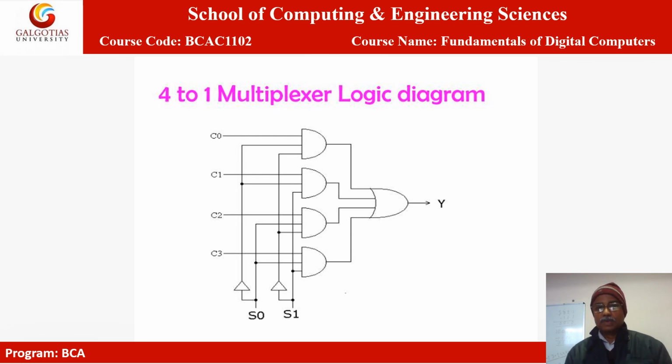Suppose the value of S0, S1 is 0, 0. Means the two control lines have value 0, 0. In that case, what will happen? Now look here, the 0 will proceed from here, and it is an inverter circuit. This triangle is an inverter circuit.